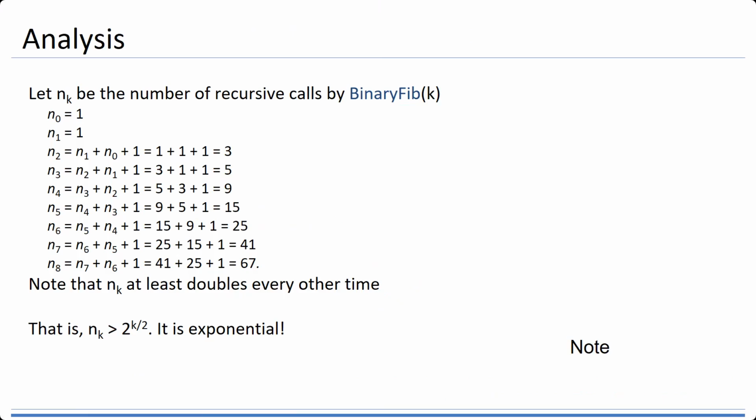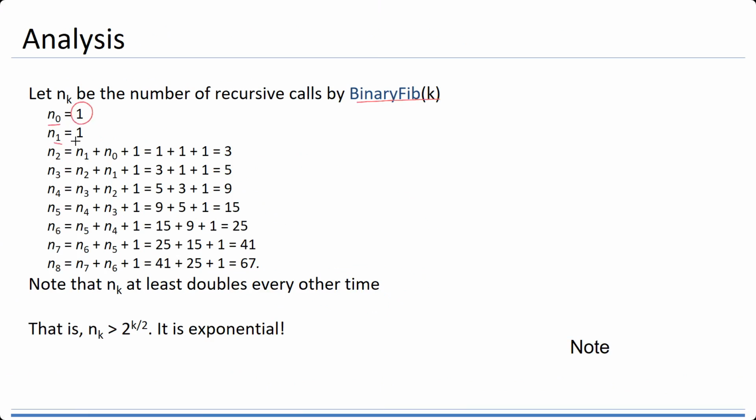We need to do the analysis. When we do the recursive calls with the binary Fibonacci, how many operations will they do for every k? When k equals 0, it is only 1.